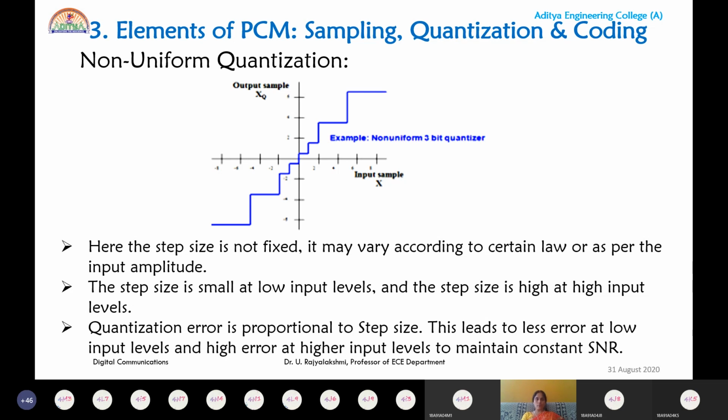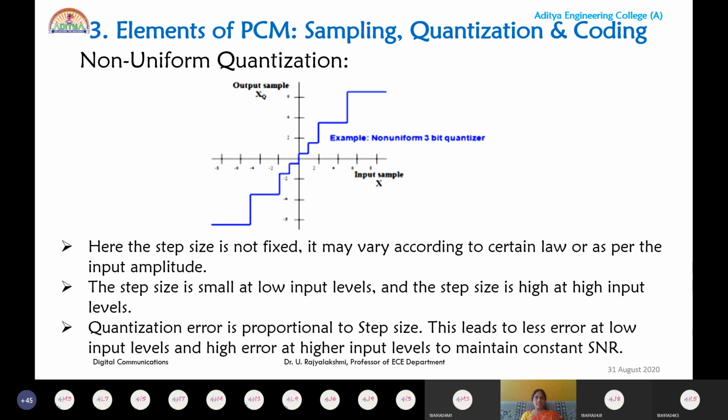You can overcome this problem by considering a non-uniform step size throughout the staircase waveform. If the step size is not uniform or not fixed, then it is called non-uniform quantization. You can observe the same from the graph.